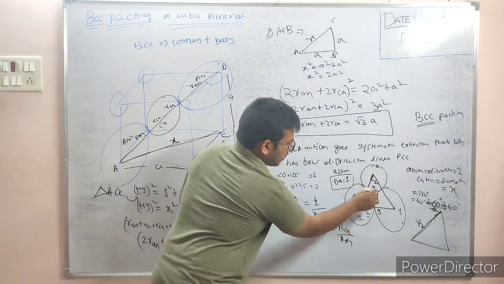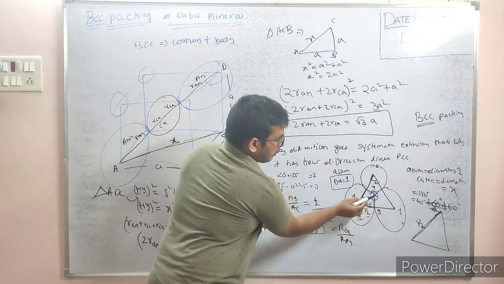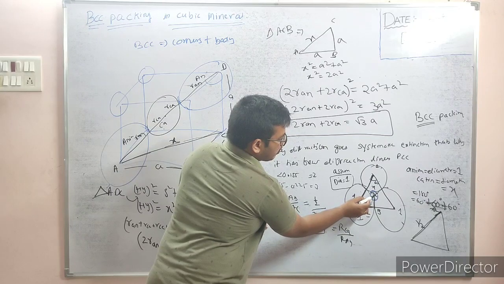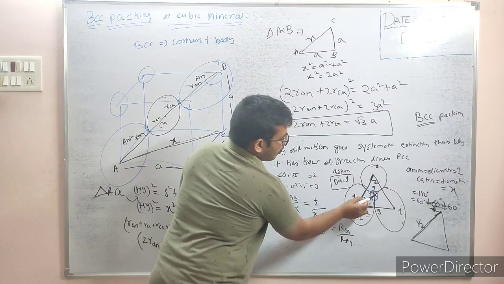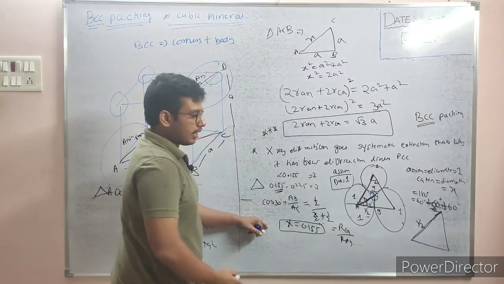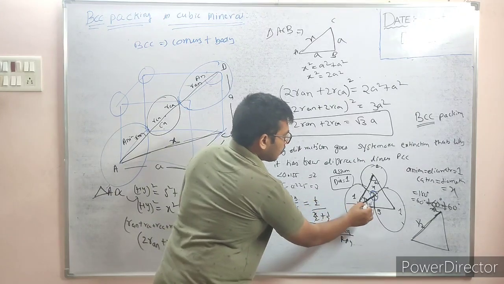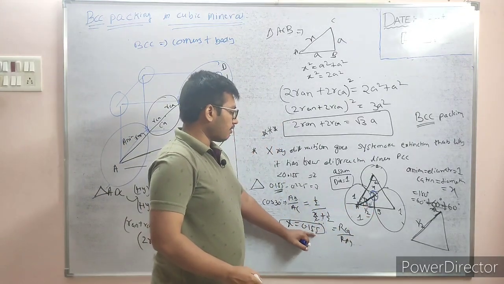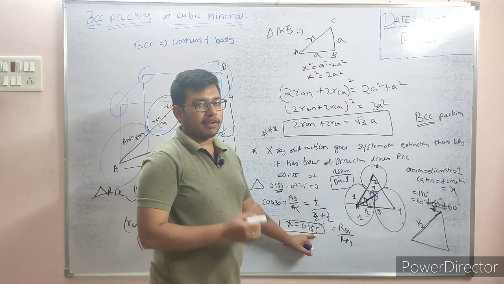This portion is contributed by the cation, which is x by 2, and this portion is contributed by the radius of the anion, which is 1 by 2. That's why we put x by 2 plus 1 by 2 in the hypotenuse, and the adjacent side is 1 by 2. If you solve it, you will definitely get x equal to 0.155.